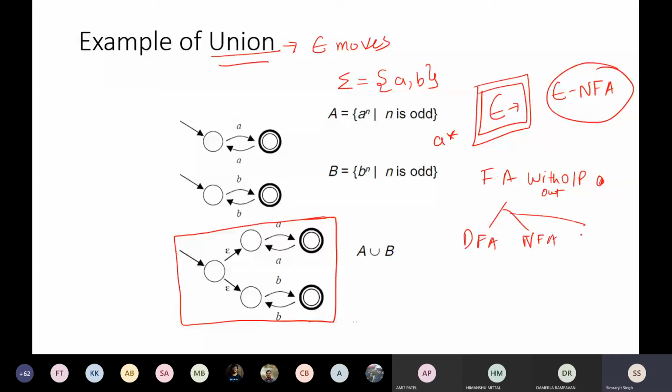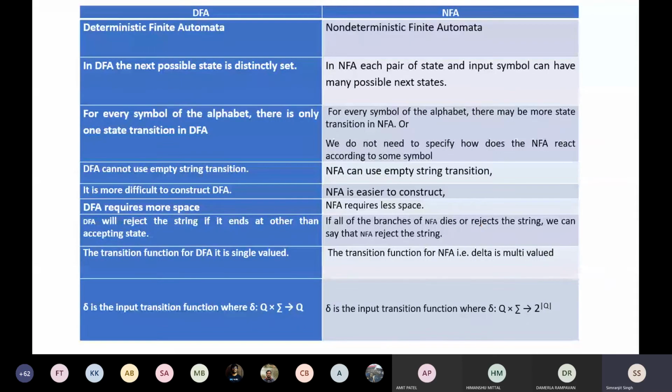Most of the functionality of epsilon is defined more clearly in epsilon NFA, with very few applications in plain NFA. Just remember that epsilon moves are possible in NFA, but not in DFA. DFA is much more structured than NFA, and we know what is going to happen in a DFA.